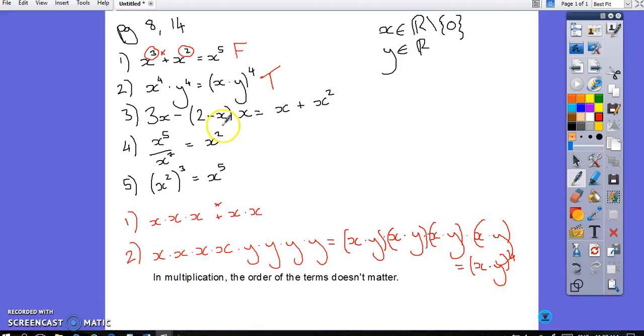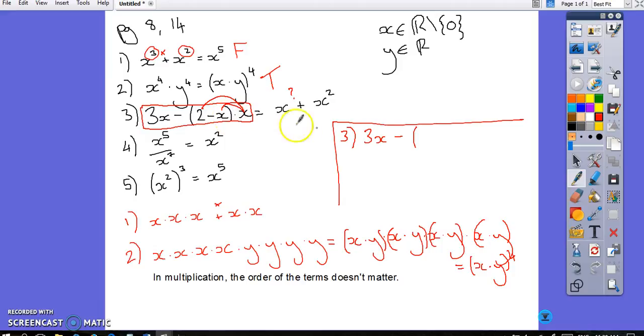What about number 3? Well, I think for number 3, it would be best to rearrange this left-hand side of the equation to see if we get the right-hand side. So let's do that in a little box over here to give us more space. So we have 3x minus, and then I'll multiply this bracket out with this x, and I'll keep note of the minus because they're easy to make mistakes with.